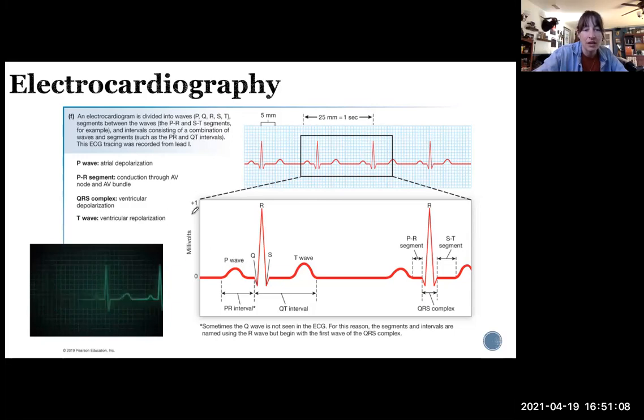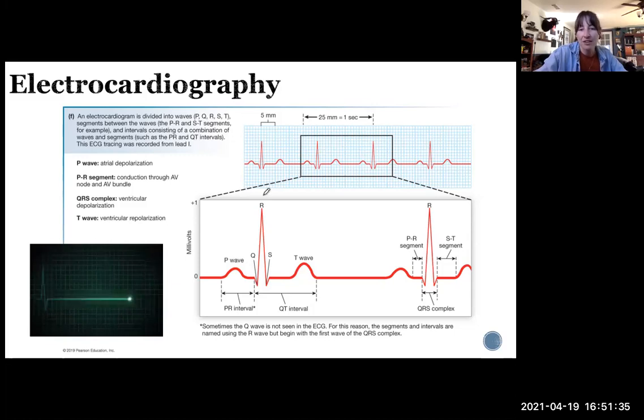And the QRS is ventricular depolarization, so the ventricles contract. And then the T wave is when the ventricles repolarize. So you do get a little bit of a wave there, because that depolarization was so big and clearly visible, the repolarization is also slightly visible. Then you have a little pause, and then you do the same thing over again.